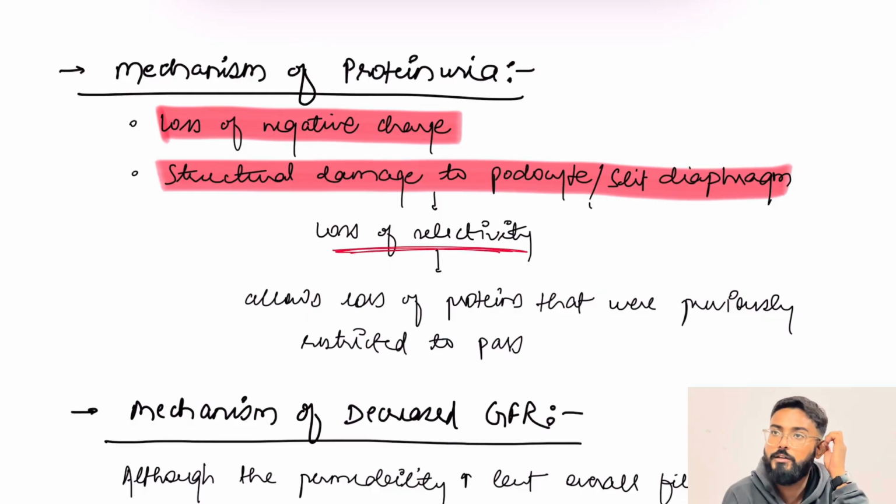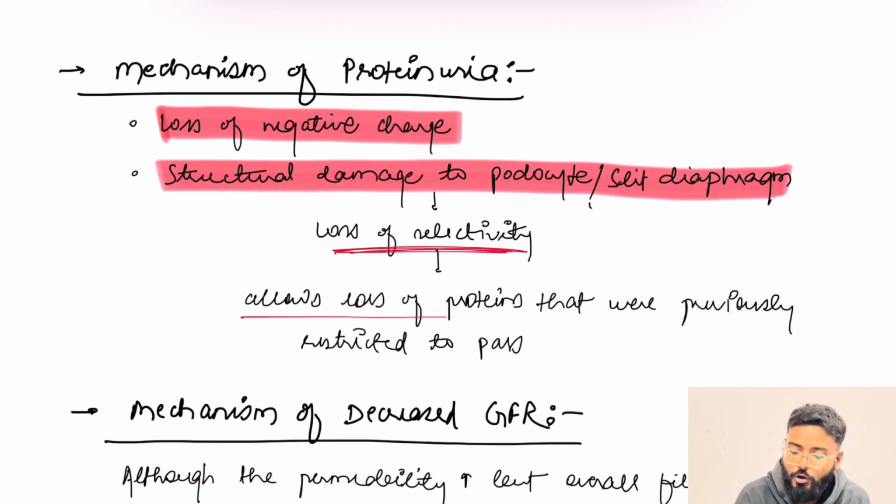You see the filtration slit. This is also a selective barrier. This is going to select what molecules should be passed through this. This is also selective in nature. So there will be loss of selectivity. There will be loss of negative charge.